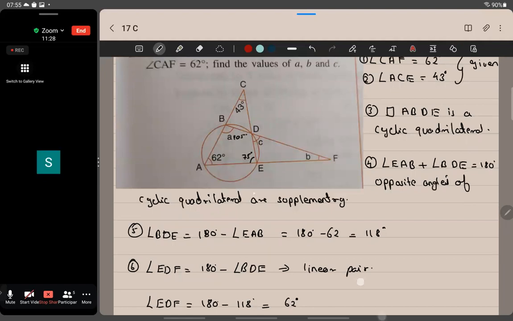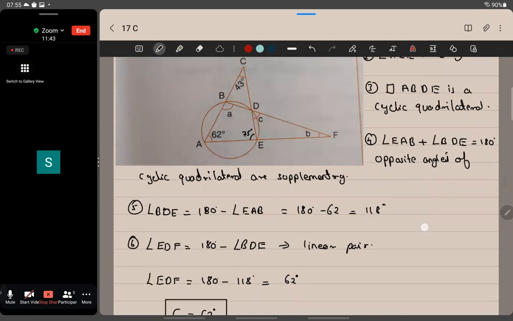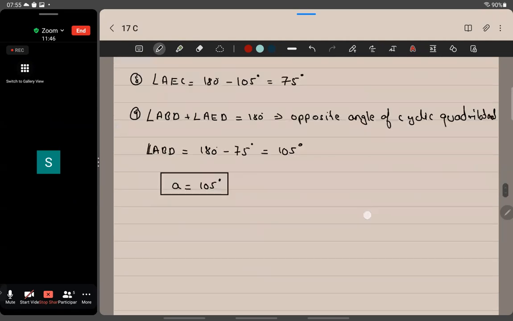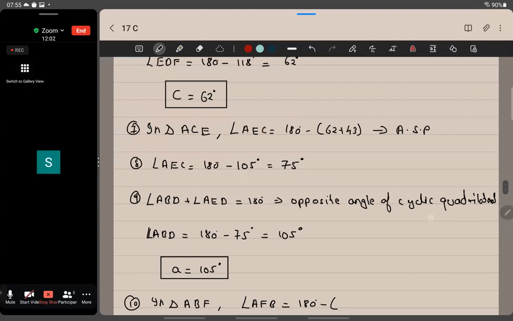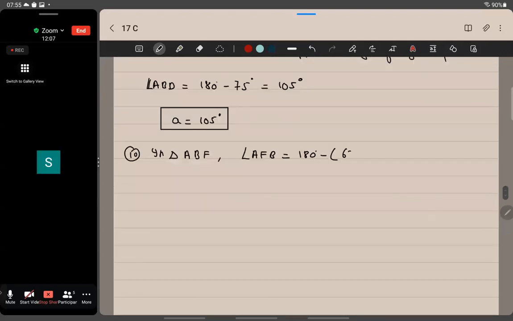Now to find B, I can use the triangle ABF. In ABF, A is given, and angle B is given. We can find angle F by using the angle sum property. So in triangle ABF, angle AFB is equal to 180 degrees minus, one is 62 and one is 105, we just got.